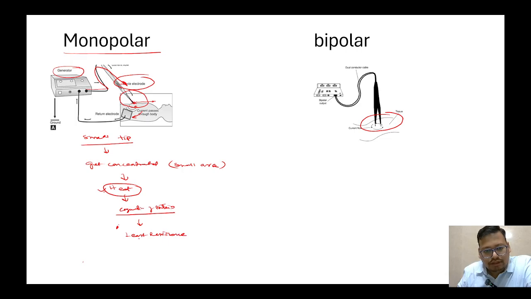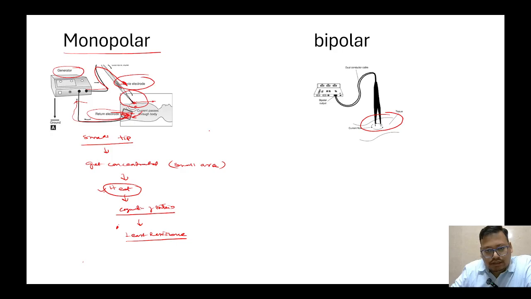So from the body, the current will flow towards the point of least resistance, that is the dispersive pad. This is called the return electrode, back to the generator, and completes the circuit.